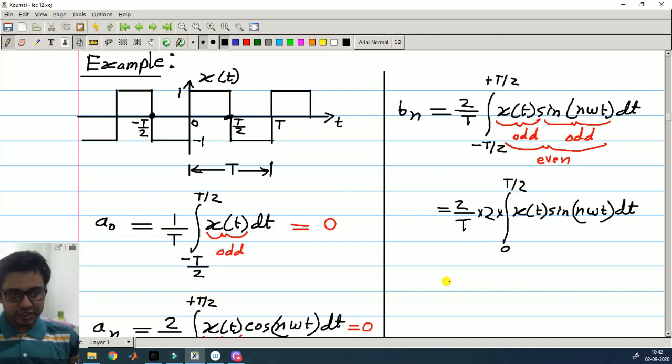So this becomes 4 over T, and integration of x(t) sine n omega t, but within 0 to T/2 the value of x is 1. Therefore you can write it as 1 into sine n omega t dt.